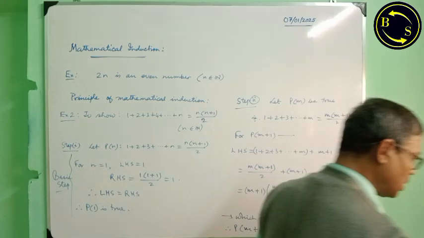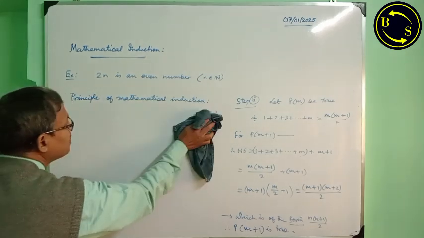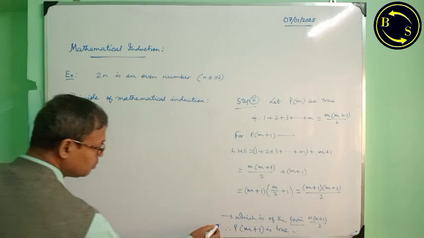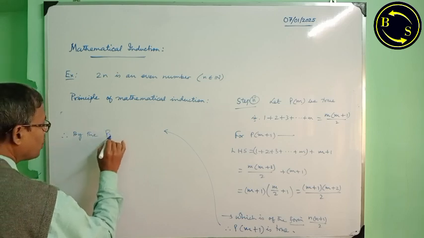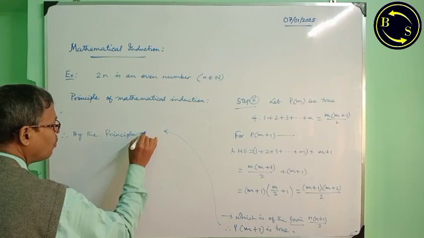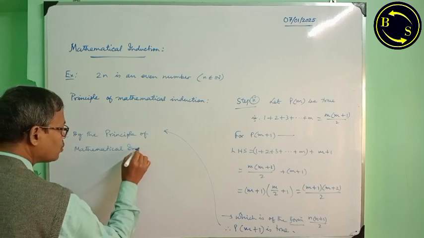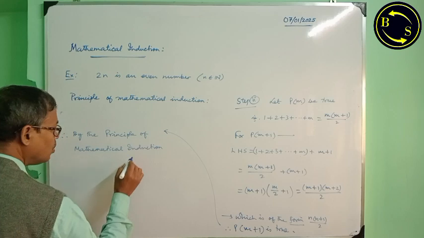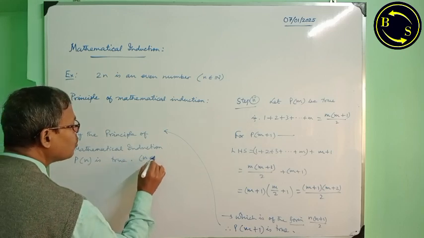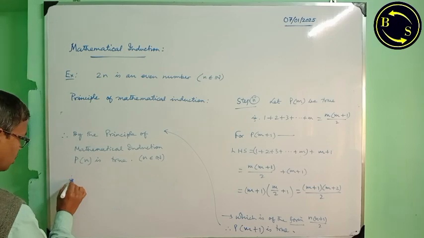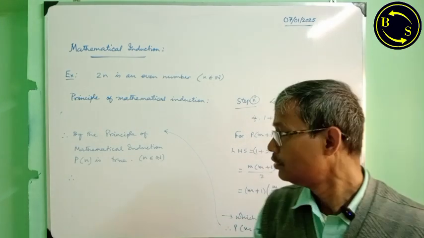After this step, the conclusive step, or final step: therefore, by the principle of mathematical induction, Pn is true. n is of course a natural number, and finally we write the statement or the formula to be proved originally.